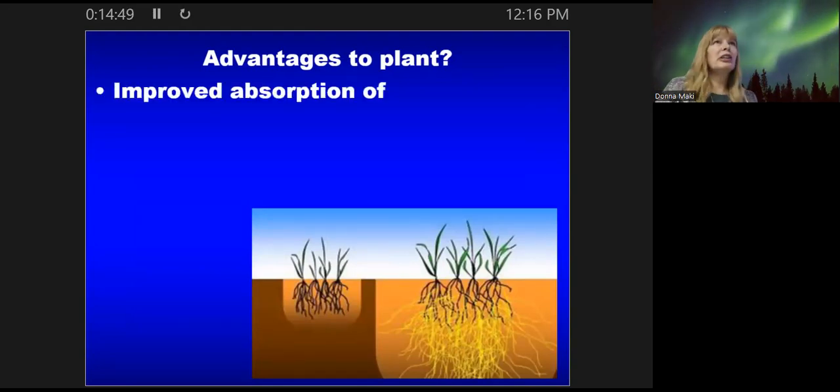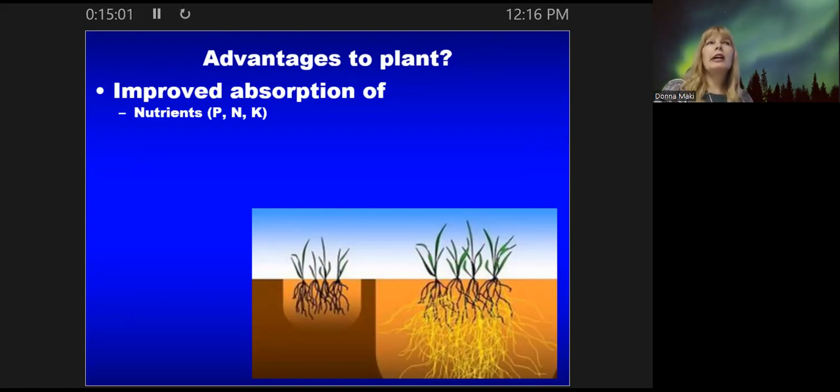So there are literally thousands of studies that have been published on this idea, and overall they show that there is improved absorption of key nutrients, minerals that the plant needs. I put it in ranked order. Phosphorus is number 1, then nitrogen and potassium. So phosphorus in particular is very challenging for plants to access by themselves, but the fungus is super good at it.